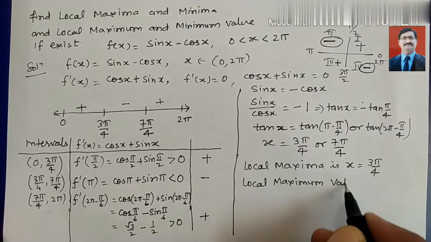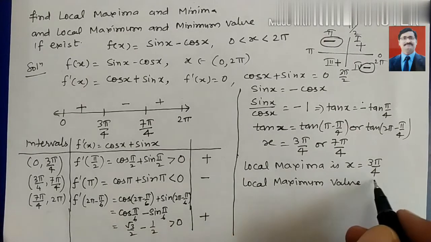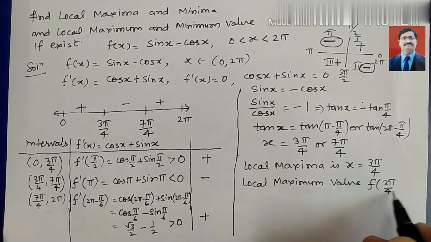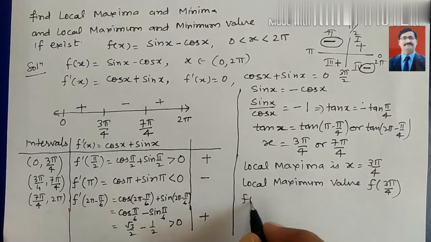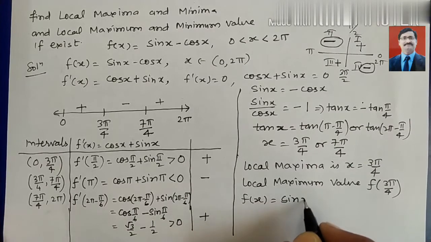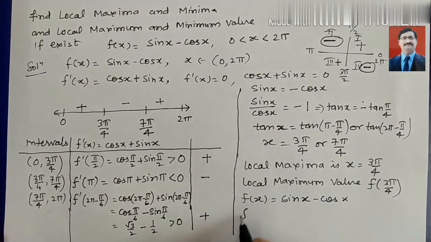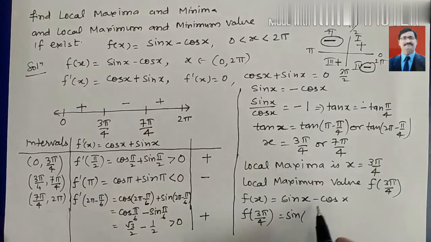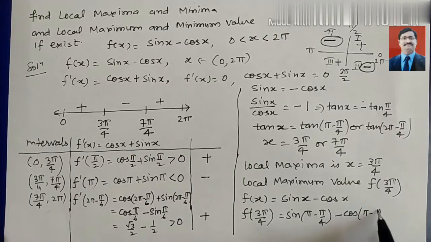The local maximum value we have to find, and that will be equal to f of 3 pi by 4. In the function f x we put 3 pi by 4. 3 pi by 4 is pi minus pi by 4, so sin of pi minus pi by 4 minus cos of pi minus pi by 4. In the second quadrant sin is positive and on pi there is no change, and cos is negative, so negative negative becomes positive, and this is cos pi by 4.